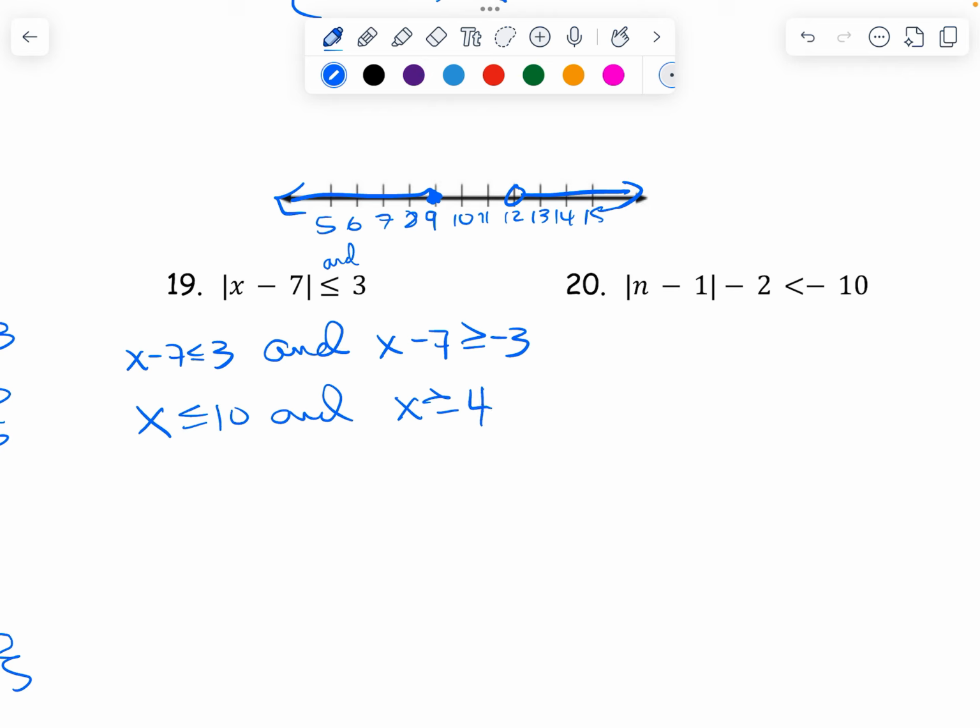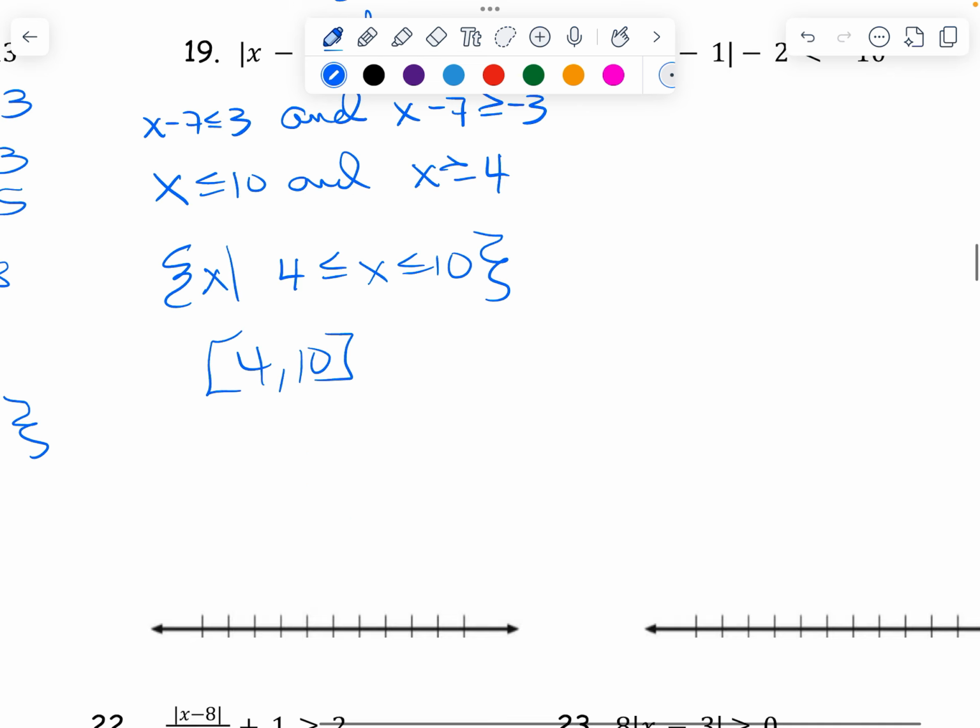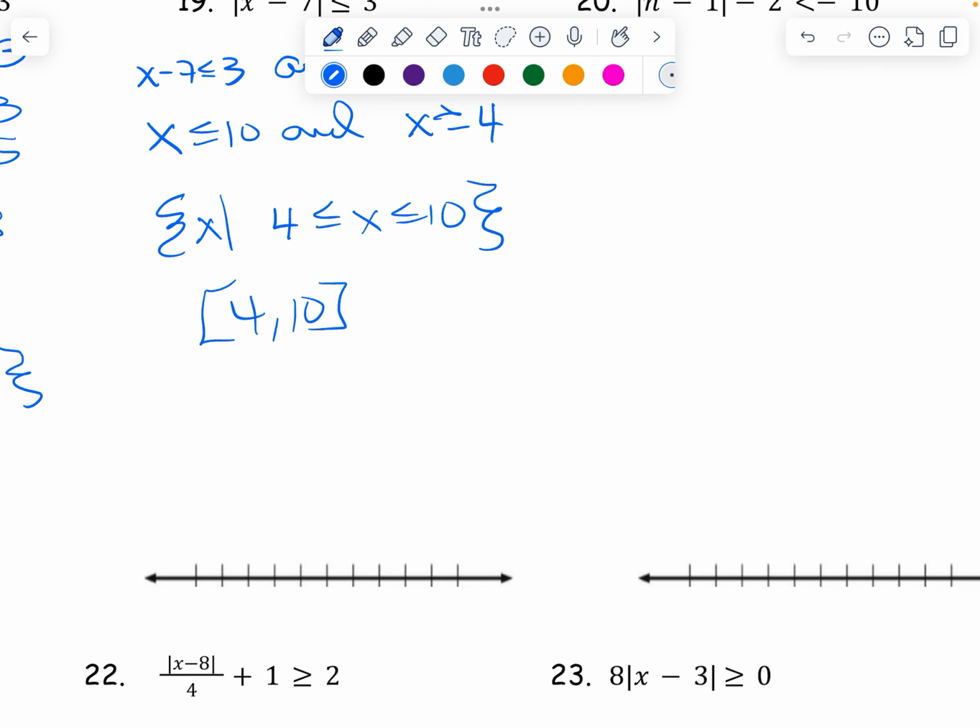So the bottom number is 4. The top number is 10. So 0, 1, 2, 3, 4, 5, 6, 7, 9, 10. Close dot, and all the stuff in between.